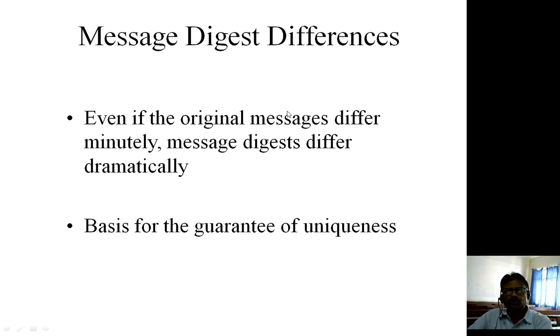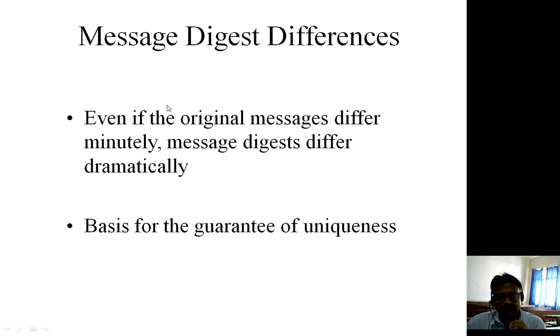So, even if the original message differs minutely, the message digest differs dramatically. That is why the message digest gives the guarantee of uniqueness related to a particular message. If we derive the message digest from the same message, we will get the same message digest.